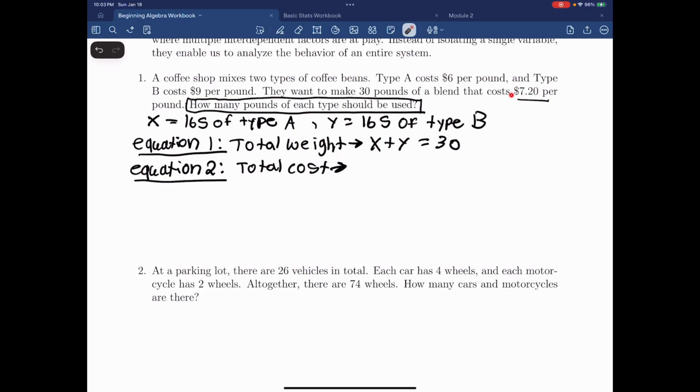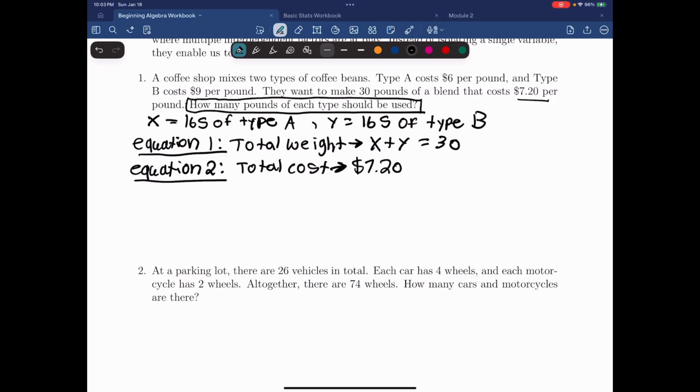So we're going to need to take this $7.20 and multiply it by 30 to find the actual total cost. So I'm just going to write that here real quick. $7.20 is the cost per pound, but since we need 30 pounds, we're going to multiply it by 30. So when you do that, you get $216.